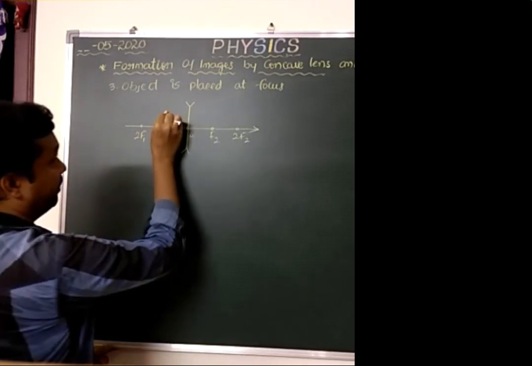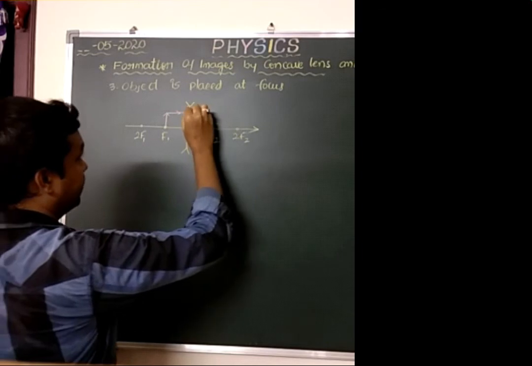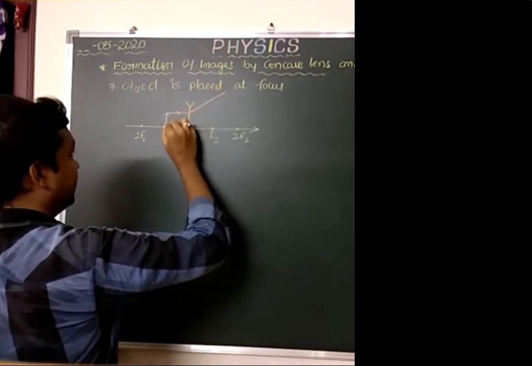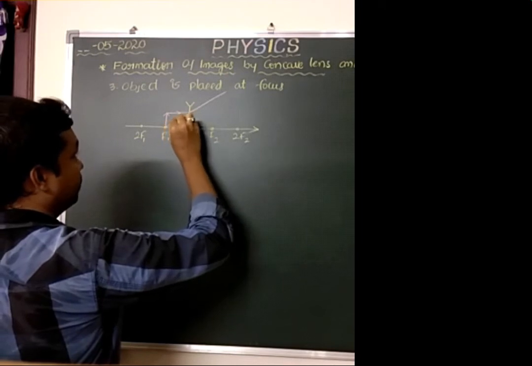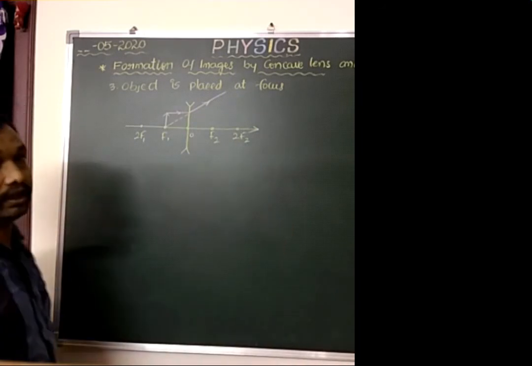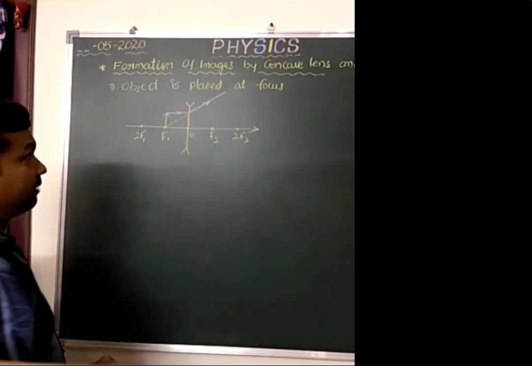One light ray which is moving parallel to the principal axis gets refracted. The refracted light ray is diverging away, and this light ray appears to be coming from focus. Okay, one more light ray I am taking.